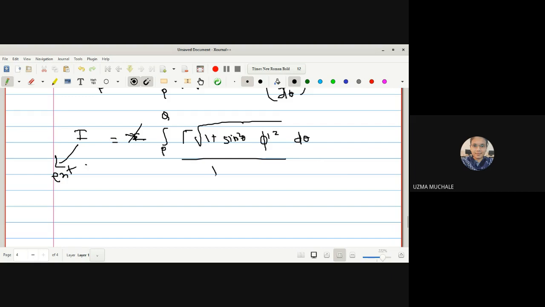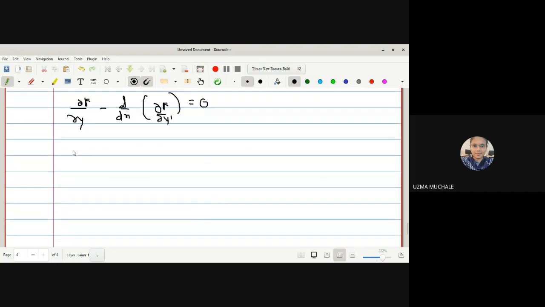For I to be extremum, the integrand f must satisfy the Euler-Lagrange's equation. Correct? Now, what is your Euler-Lagrange's equation? F with respect to y minus d by dx of f with respect to y dash is equal to 0. Okay, now just find out the derivative of integrand f with respect to y and with respect to y dash.